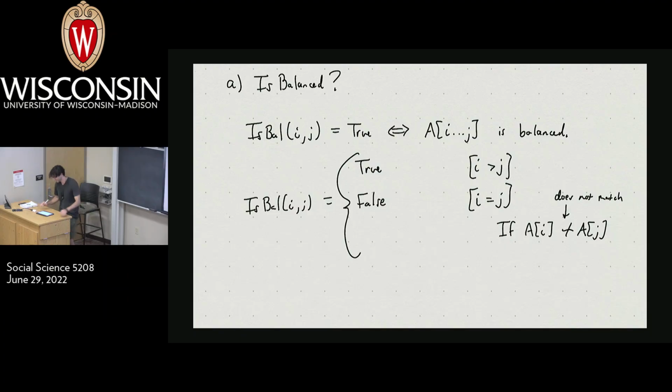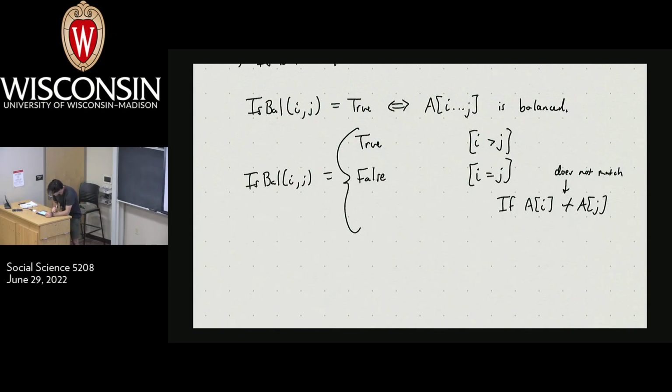Try them all, yes. Cool. So we're just going to have an OR over all possible k from i to j of is balanced i to k and is balanced k plus 1 to j.